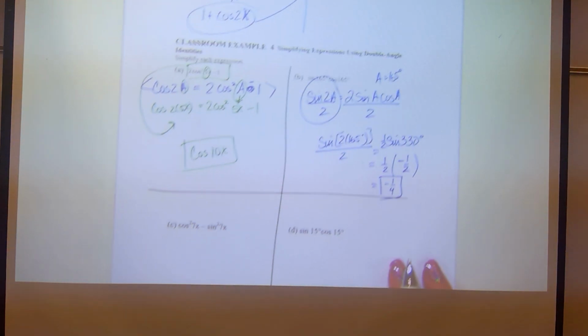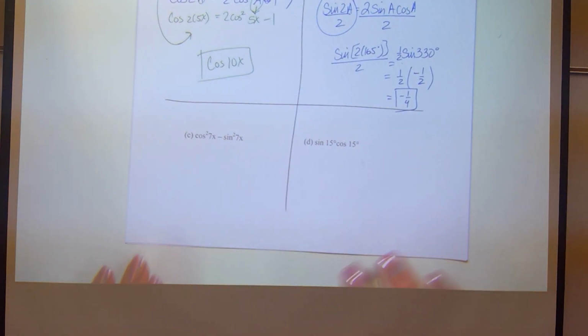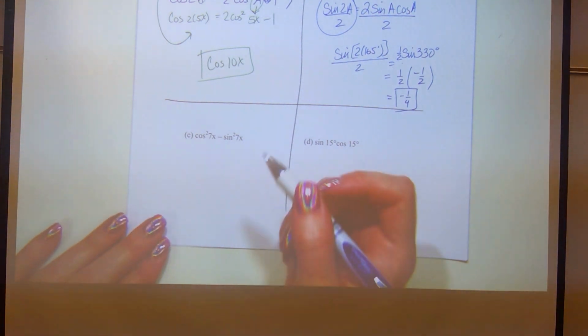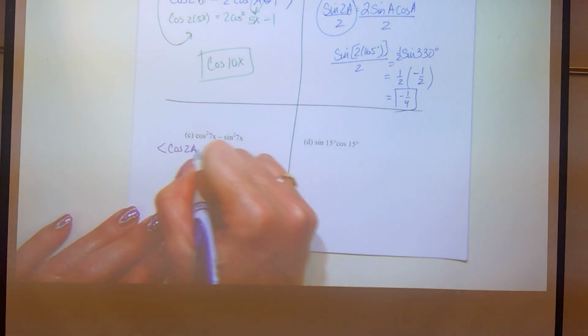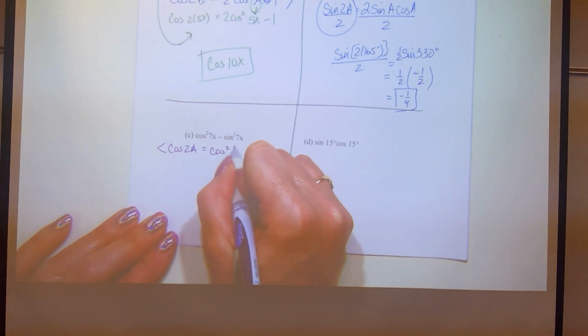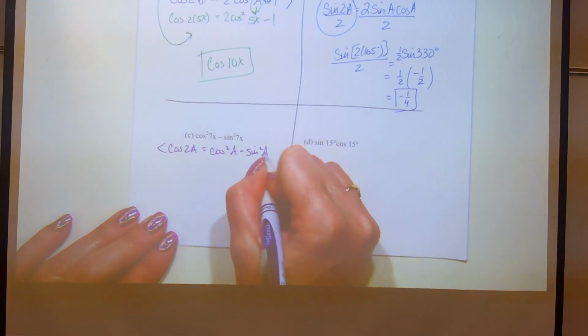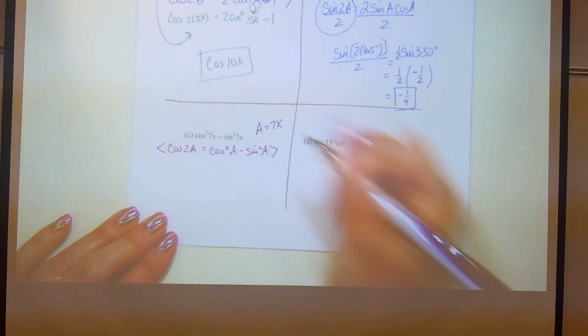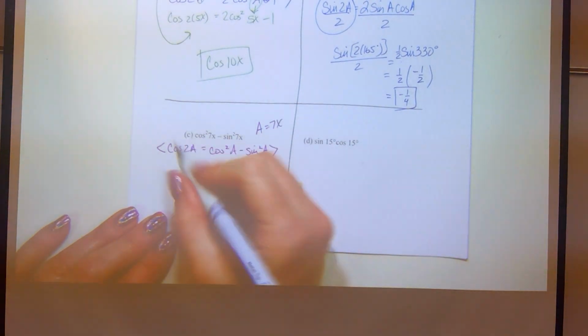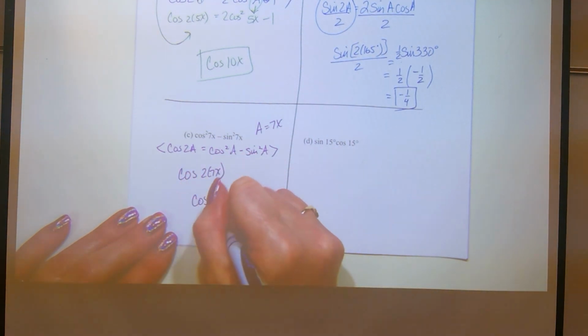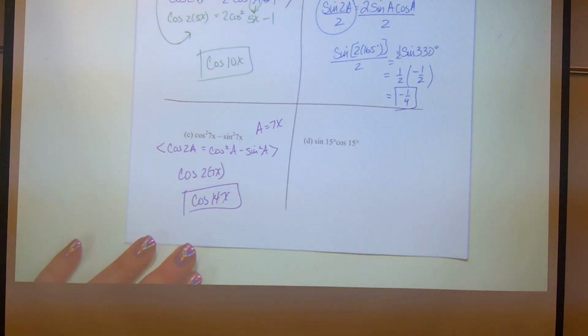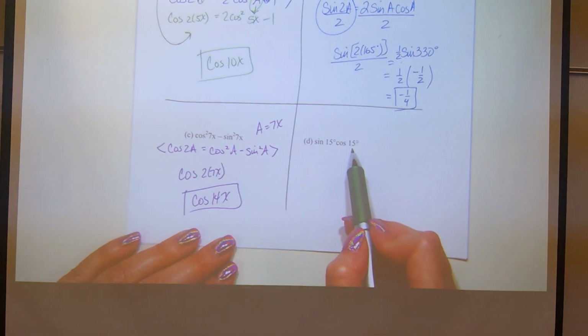All right. C. Which of your identities that we've been working with does this remind you of? It reminds me of cosine double angle, cosine square A minus sine square A, where A is 7x. So that is cosine of 2 times 7x, which is the same thing as the cosine of 14x. And last one, sine 15 degrees, cosine 15 degrees.